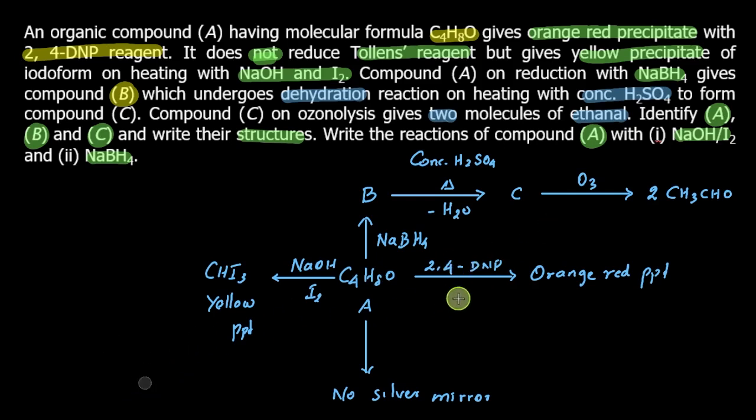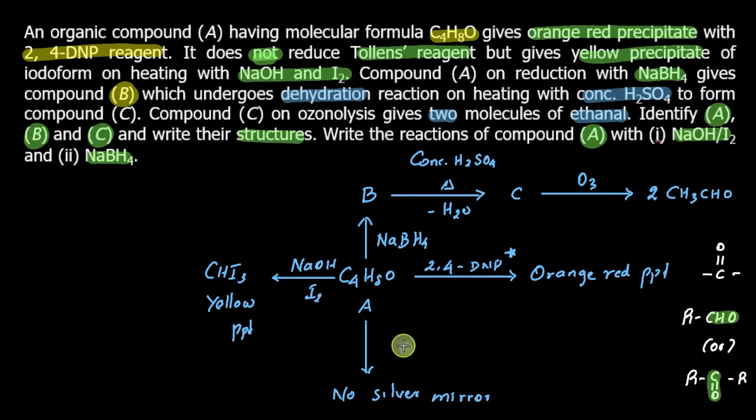Here the first one, compound A is treated with 2,4 DNP test. This compound has a carbonyl group in it. Carbonyl group is present in aldehyde or ketone. The first test suggests that compound A will have either an aldehyde group or a ketone group.